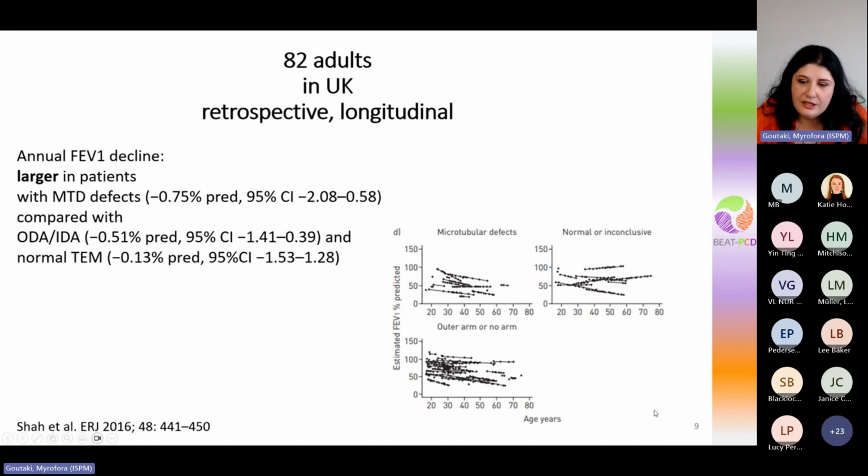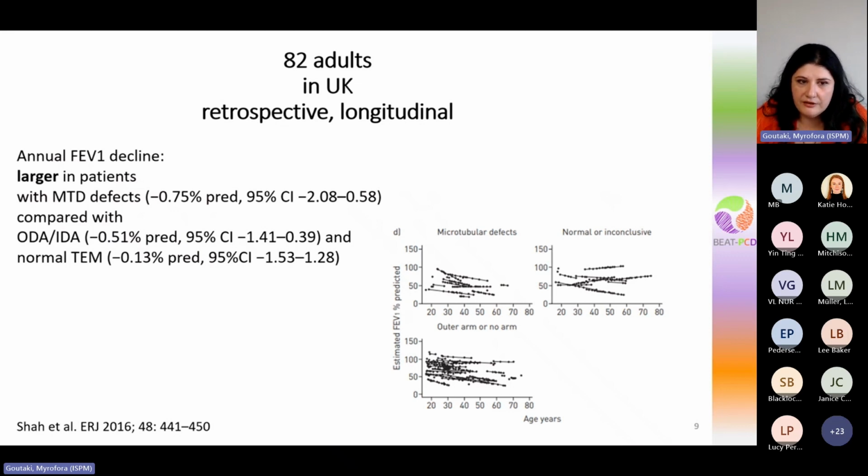This is the first longitudinal study in adults, a few years ago, that didn't just describe spirometry at baseline, at diagnosis, but followed it for several years and tried to see if the slope of the FEV1 decline differed between the different ultrastructural defect groups.